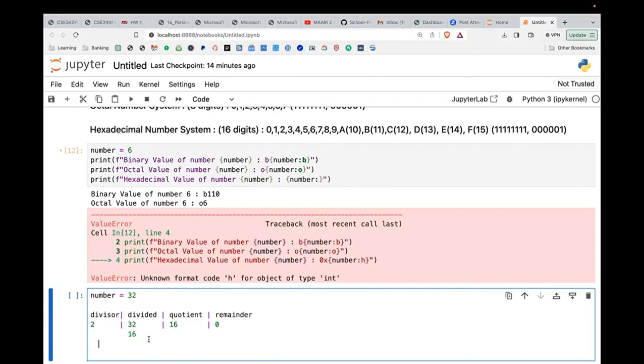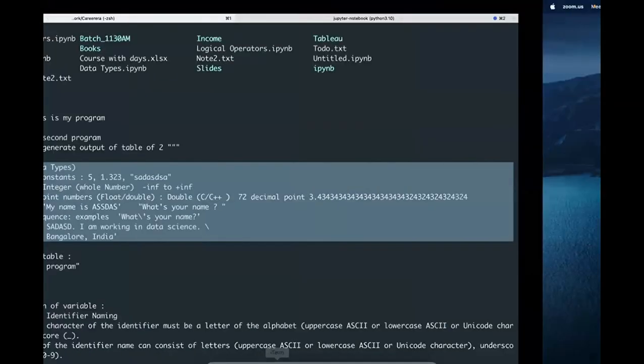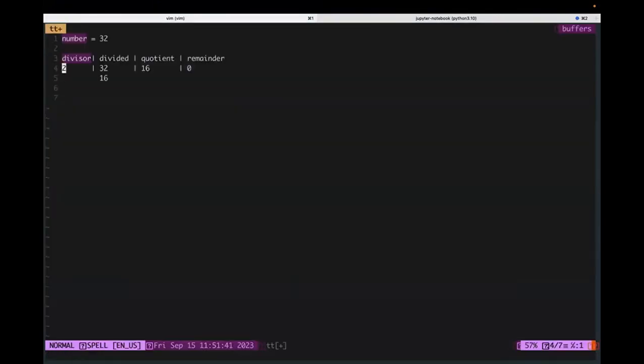Can I just do it in the terminal? It would be easier for me to type. So this would again be the 16 value. Dividing 16 by 2, you get 8, remainder again 0, right? Now again you divide the 8, and the quotient is 4.